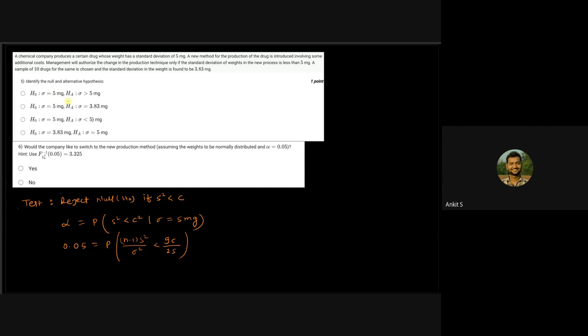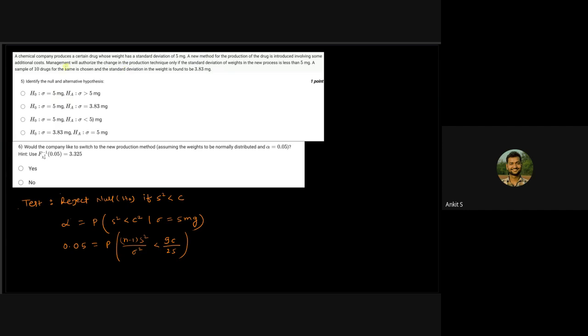So identify the null and alternative hypothesis. You have to see what is being claimed by the new thing. As I said before, whatever traditional thing is there, you consider that under null hypothesis. The old case you consider under null hypothesis, and the new drug you will consider under alternative hypothesis, because that is something new that is being implemented.